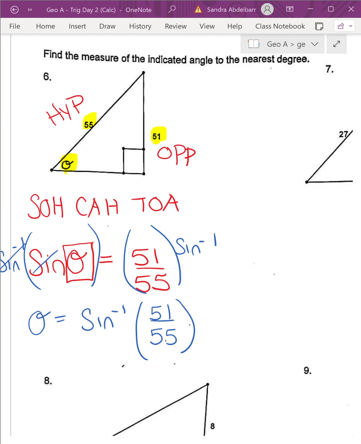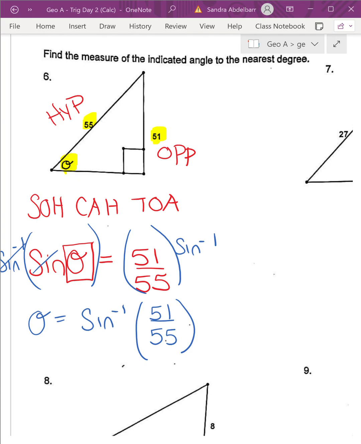Good, second sine. That gives you the inverse of sine on your calculator. Now you put that whole fraction in: type 51, then the division button, then 55. Close the parenthesis, which is above the 9, and press enter.